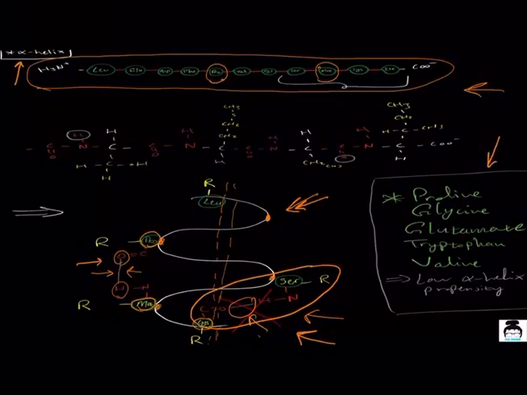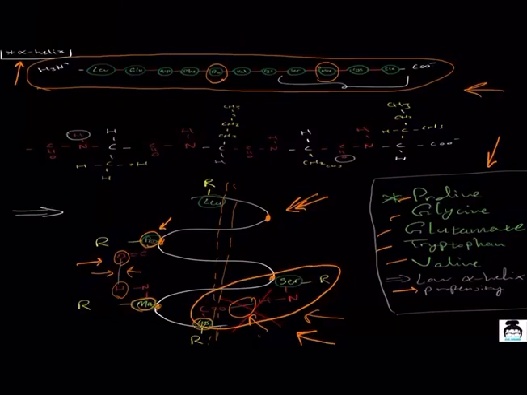Notice how in this table now, we have many amino acids: proline, glycine, glutamate, tryptophan, valine. Now they have low alpha helix propensity. That means they rarely participate in forming alpha helices, right? Because they disrupt the structure of the alpha helix. So this really shouldn't be proline.